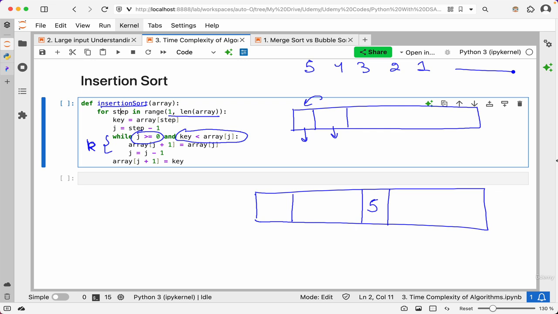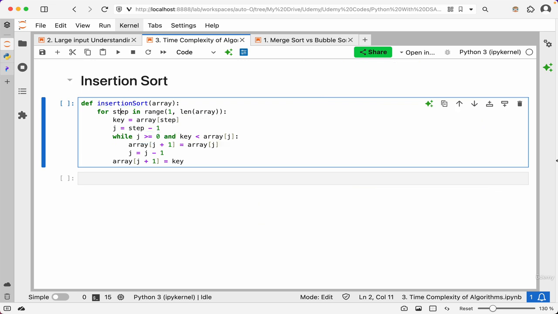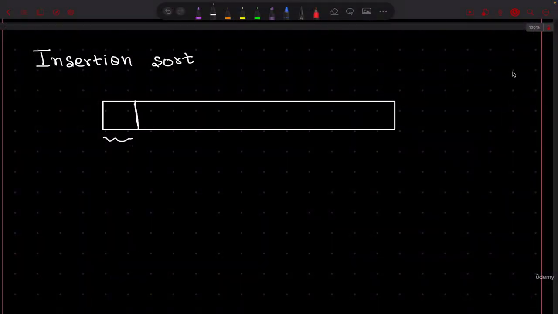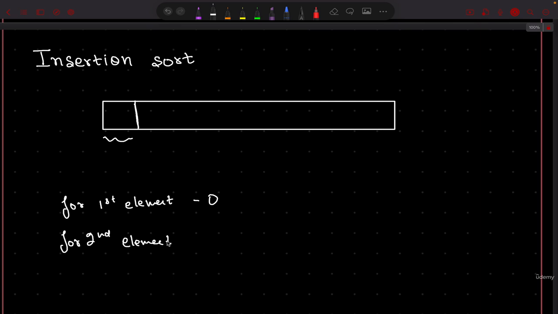If that is clear, then let us try to understand the same using the way we have understood other complexities. So for the first element, I think we don't have to do that. We are not doing any work, right? For the second element, we are doing some k work, right?